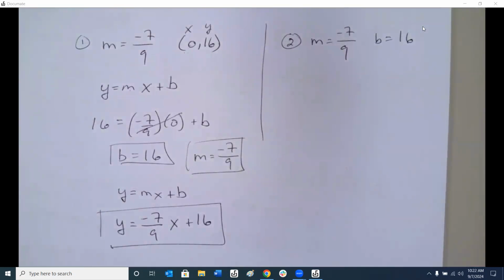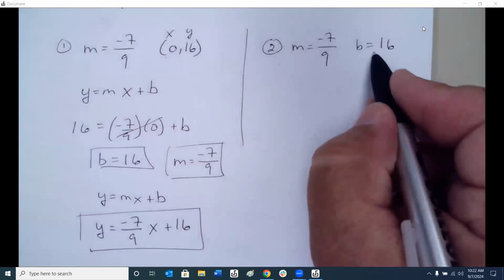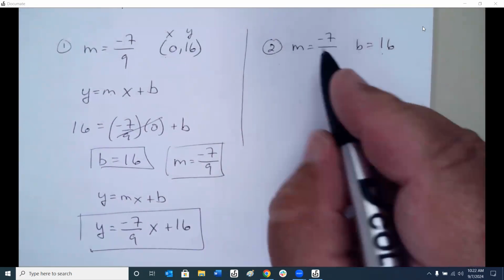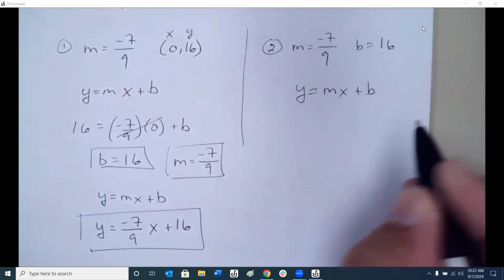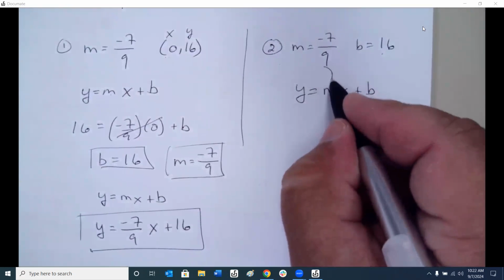So whether you notice that the point they gave you was the y-intercept or not, it still works out. It just will save you a little bit of time. Now, if you notice that this is the y-intercept, you can just go ahead and plug it into the equation. This is your slope.